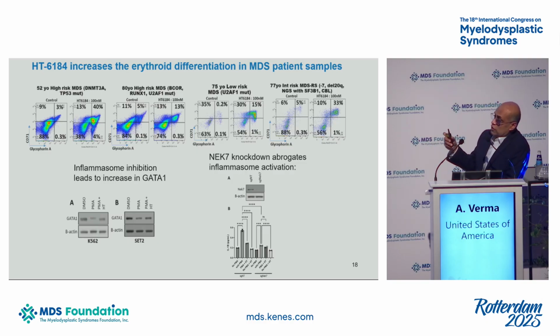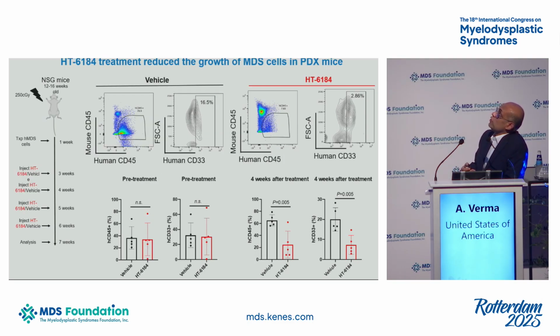To show the relevance of NEK7 in the activity of this drug, we have CRISPRed out NEK7, and when we CRISPR out NEK7, we don't see this activity of this drug in a cell line model, showing that NEK7 inhibition is important for the small molecule's activity.